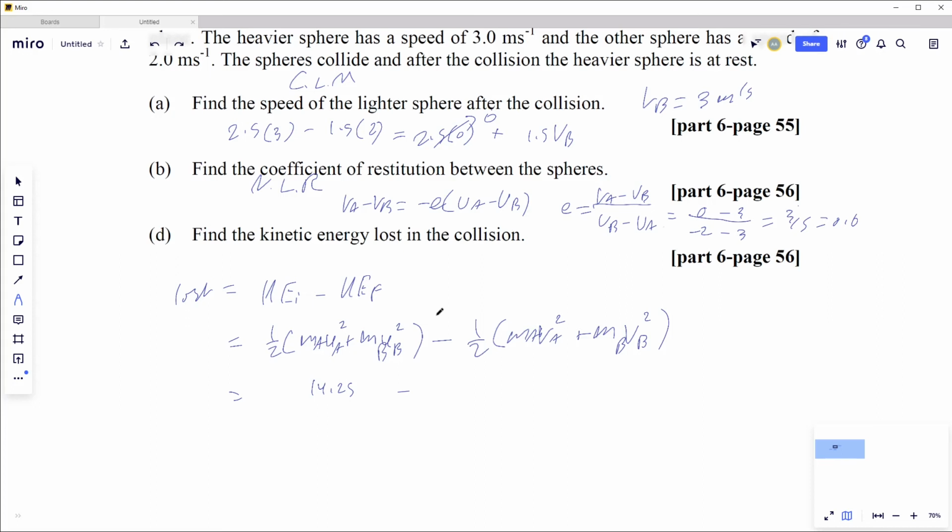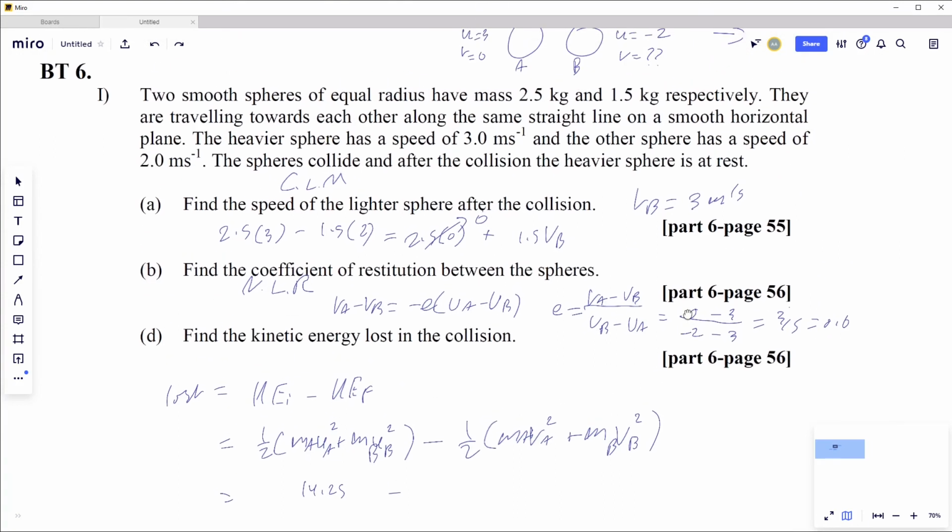So 0.5 into ma, which we discussed earlier, 2.5 times va, which we said is 0, so I will ignore that term because the entire thing becomes 0. Then mb, 1.5 times vb. Oh sorry, which one was negative we said?